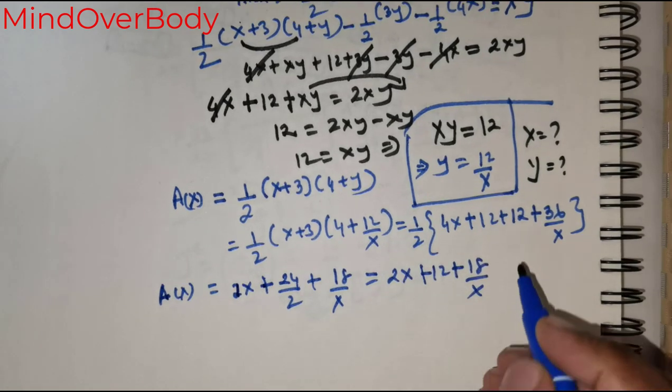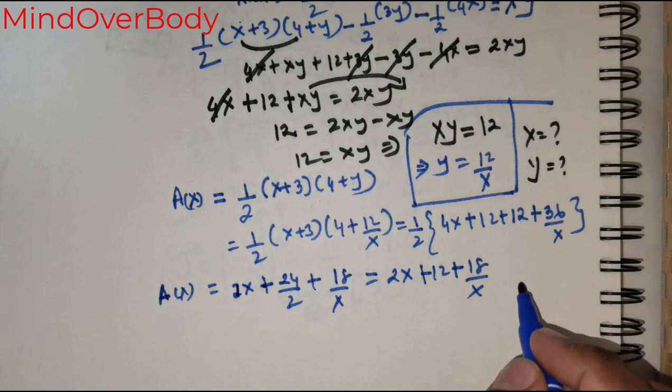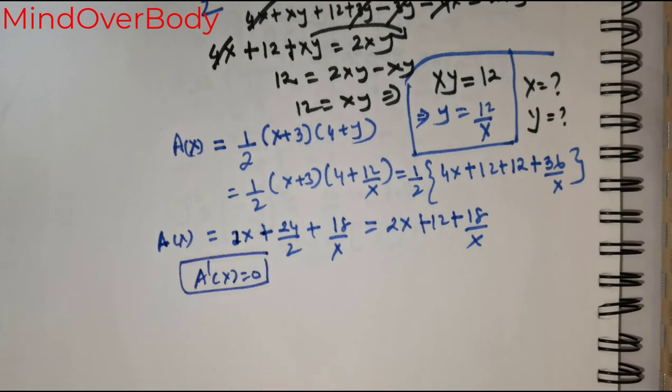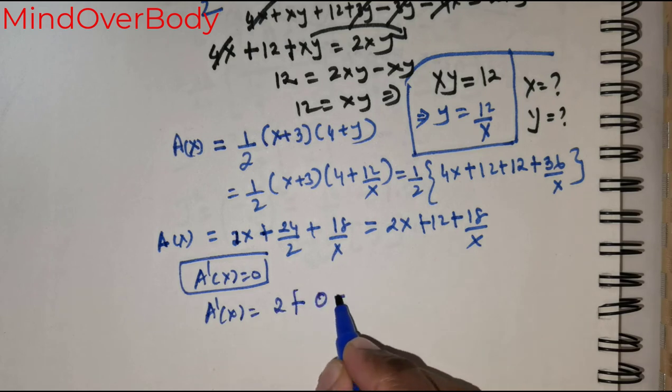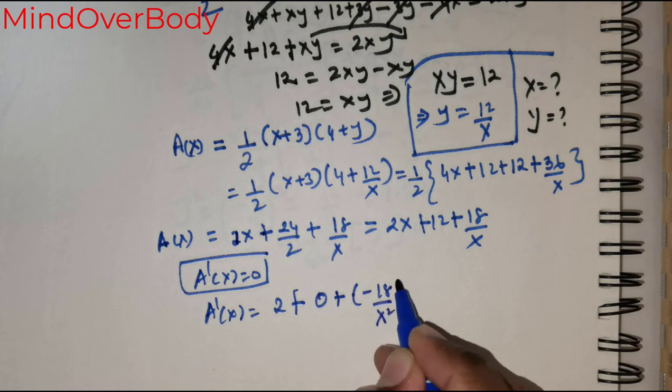Now I wish to get the value for x, and that is only possible if we are able to get the critical point, and that is achieved by taking A dash of x is equal to 0. So differentiating, A dash of x is equal to 2, differential of 12 is 0, differential of 18 over x gives me negative 18 over x squared.